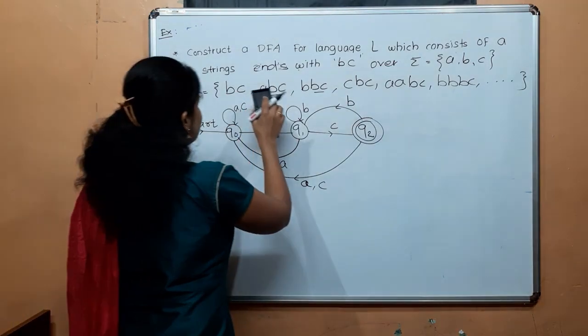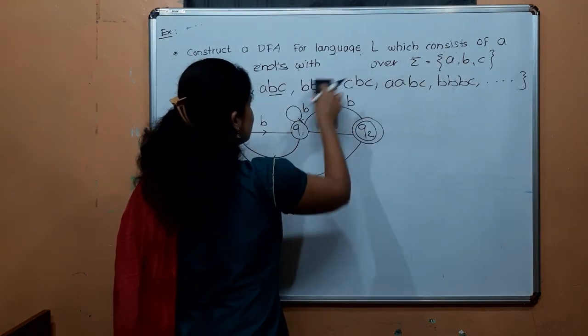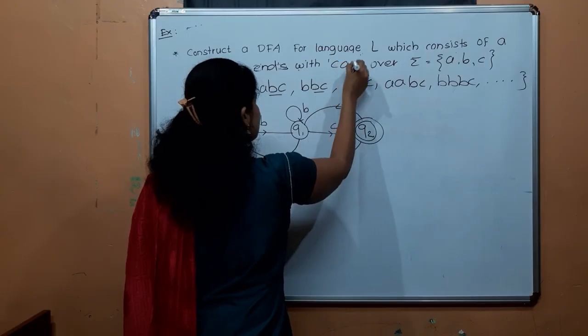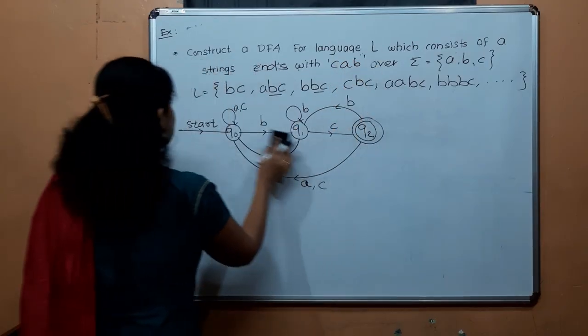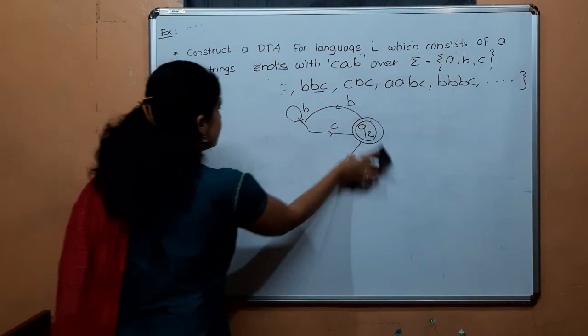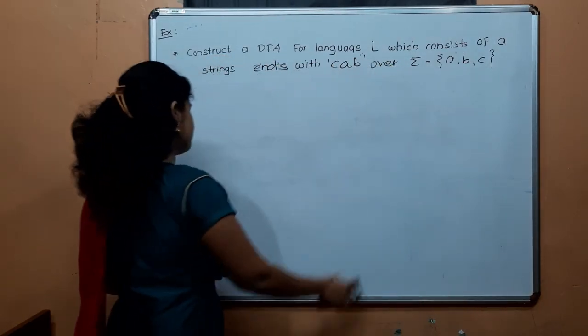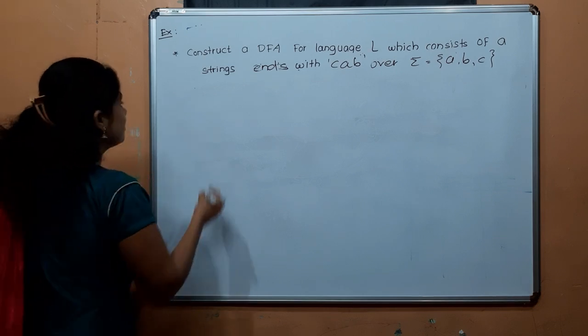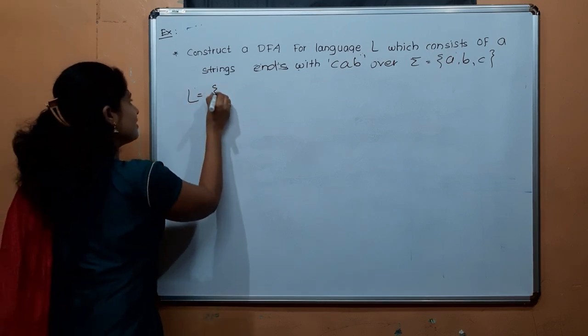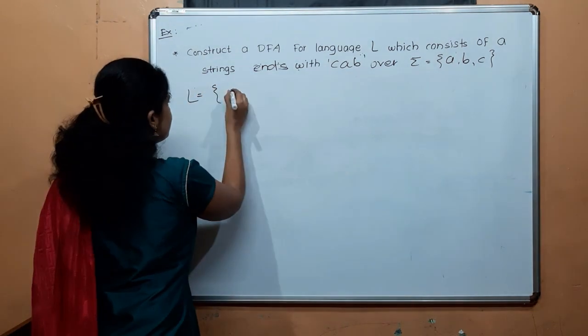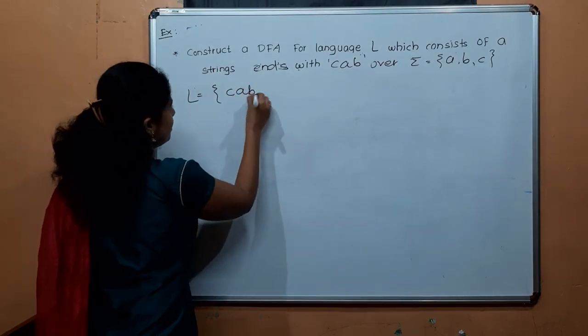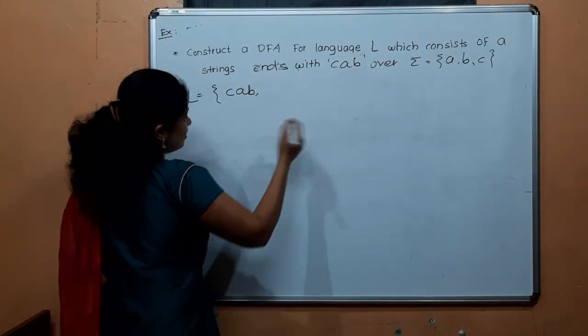Strings that end with CAB over the alphabet A, B, C. Now see here, for the example, the language is: the minimum string will be CAB. It can end with CAB.